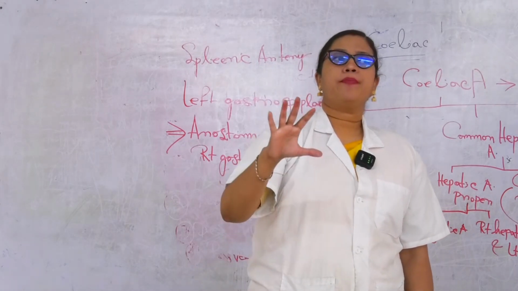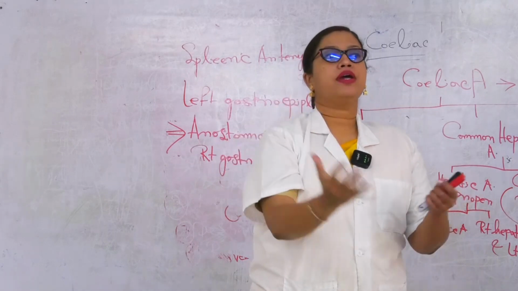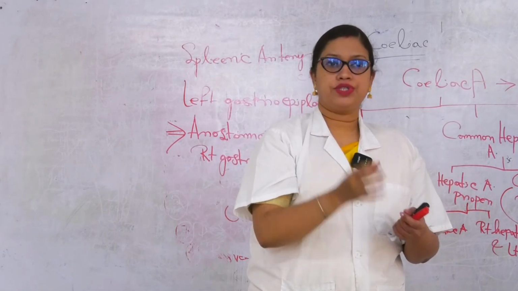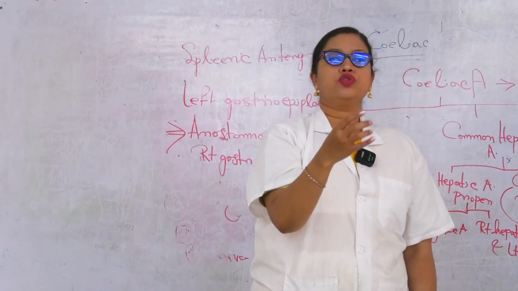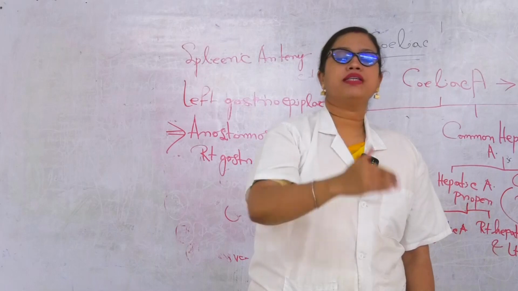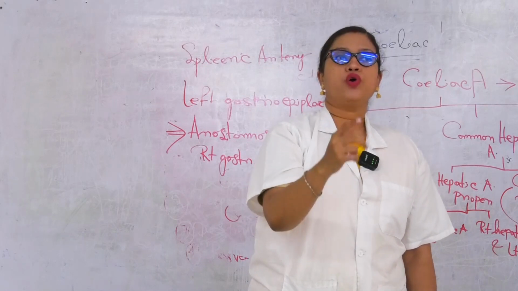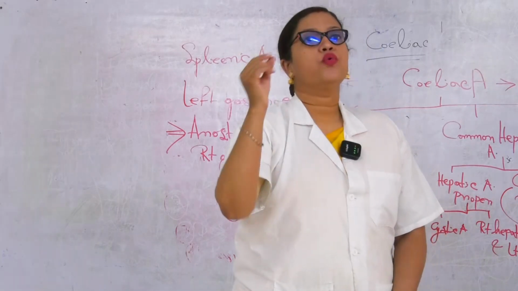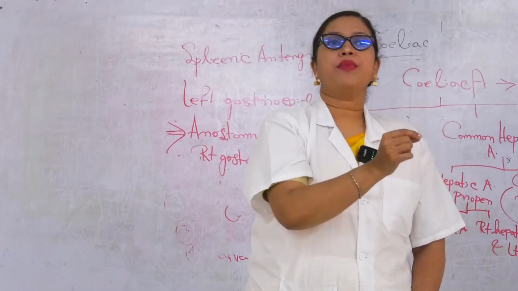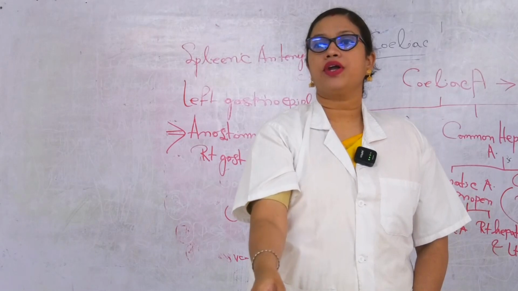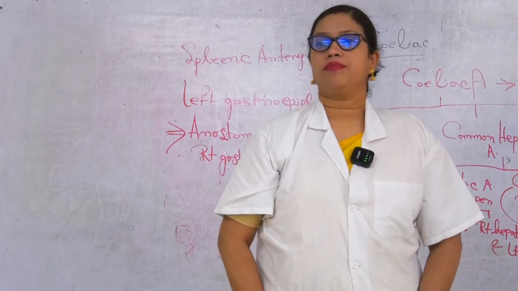I told you developmentally both duodenum and pancreas develop together. Right? The pancreas stays in a C shape, and the duodenum encircles it. So these arteries supply both the pancreas as well as the duodenum. So it has anastomosis: the superior anterior and posterior pancreaticoduodenal come from the celiac trunk, and the inferior pancreaticoduodenal comes from the superior mesenteric artery.